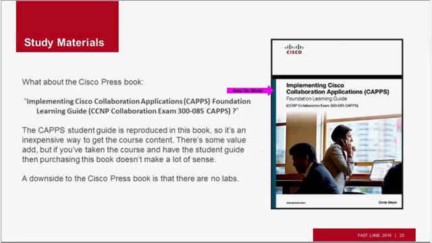Again, this does not guarantee that you will pass the exam. You can study this book until the end of time. That's not going to guarantee a pass on the exam. A downside to the Cisco Press book, there are no labs. So there's no hands-on that comes with this Foundation Learning Guide.